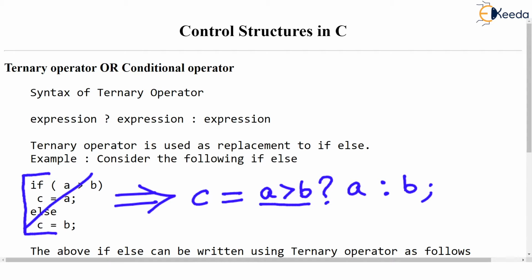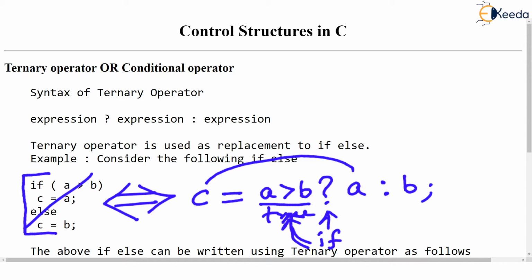Now, whatever I have written here using question mark is absolutely the same as whatever we have written using if. How to read this? You can read this question mark as if. This question mark is nothing but if. So we are asking, if A is greater than B, if this condition is true, then make C equal to A. C should become equal to A if A is greater than B, and this colon should be read as else.